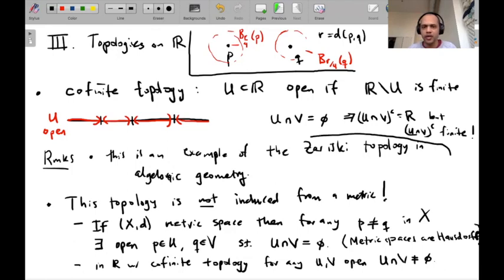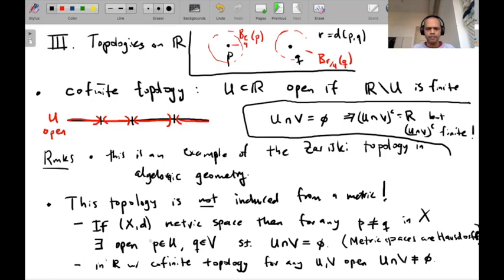That's the reason. I'm really making a mess here now. But in summary, these two facts together tell us that R with the cofinite topology is not induced from any metric.